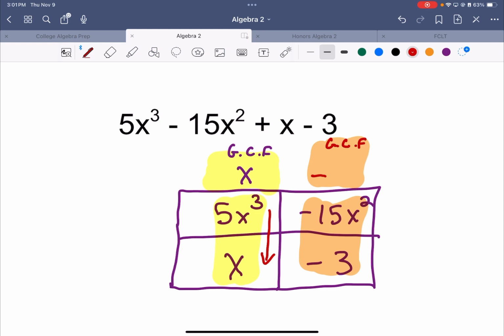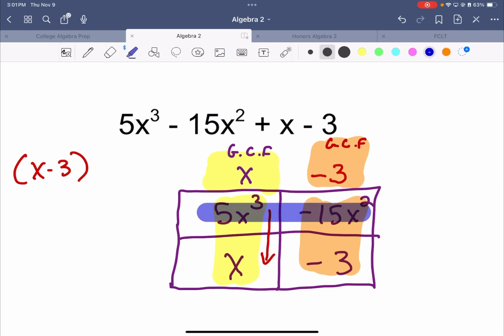So what's the greatest common factor for negative 15 and 3? 3, right? 5 doesn't go into 3. And do they have a letter in common? No, so we've got the GCF. So there's my first factor. My first factor of this is x minus 3. Now we're going to go the other way. And the GCF for those is going to go right there.